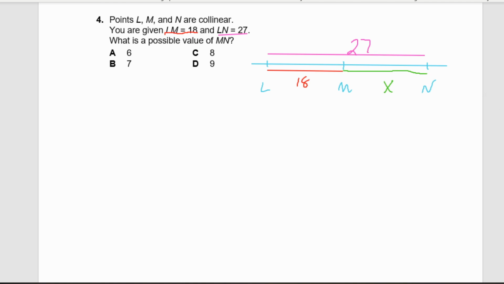But let me illustrate that in a bit more of a way, but you definitely can fast forward the video if you've got that one from that setup. So I know by the segment addition postulate that red plus green is going to give me my purple. And I'm going to set that up now. Oh, that's the wrong color, purple.